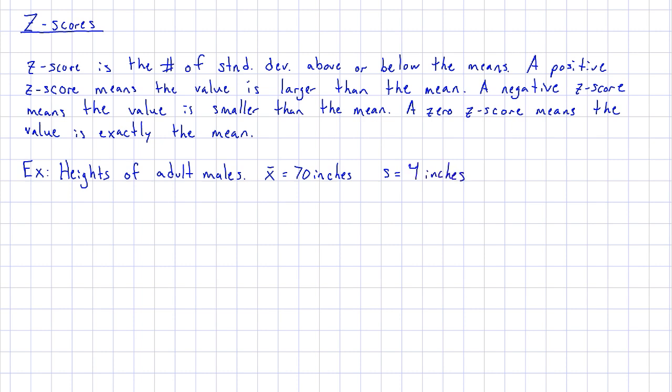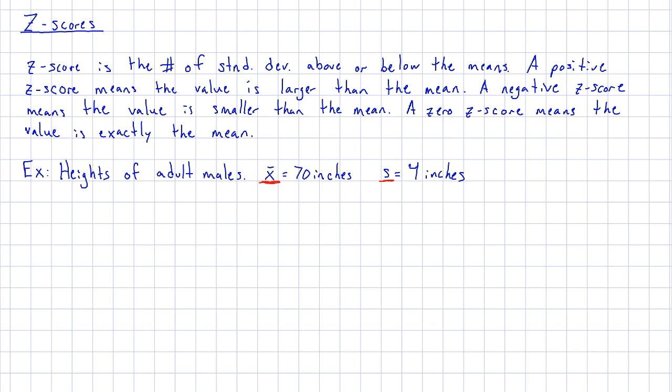So we do want to start getting used to this notation. The mean will be represented here as x with a bar over it. Sometimes I literally call it x bar. And the standard deviation will be represented with a lowercase s. So if you see x bar and s, you know that means mean and standard deviation.